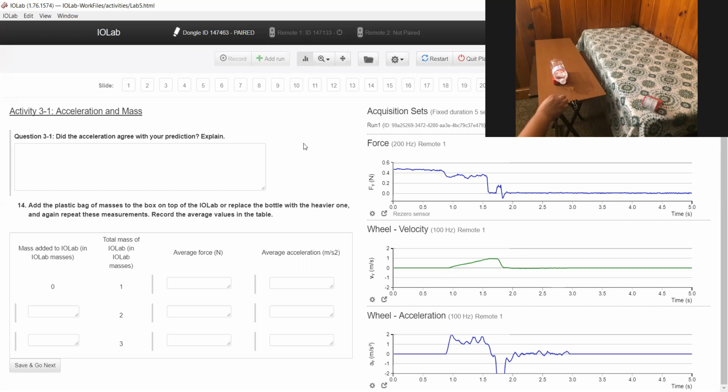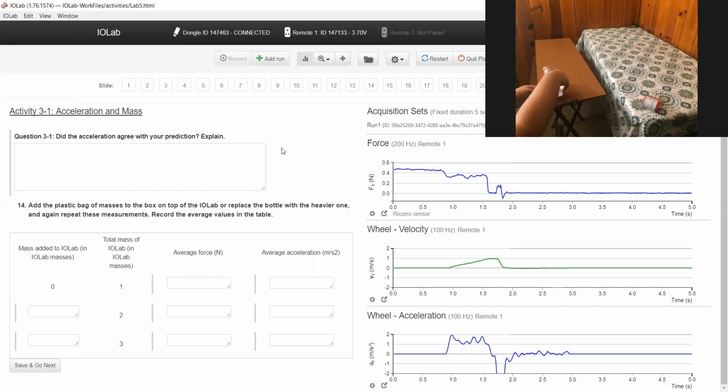First, there should be no force being applied, so make the string loose at the IOLab sensor part. It went off, so let me turn it on first.